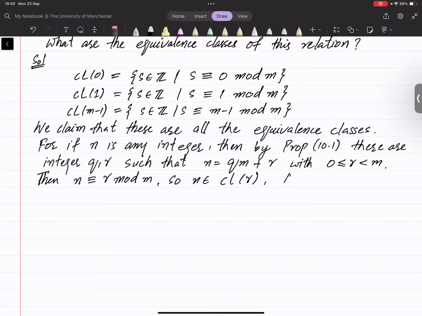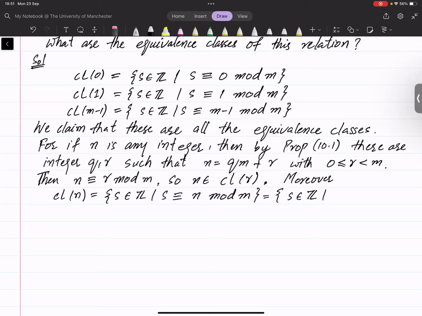Moreover, the equivalence class of n is going to be the set of s inside the integers such that s is congruent to n mod m. And if you look at this, this is nothing but s inside Z such that s is congruent to r mod m, and this is the equivalence class of r.